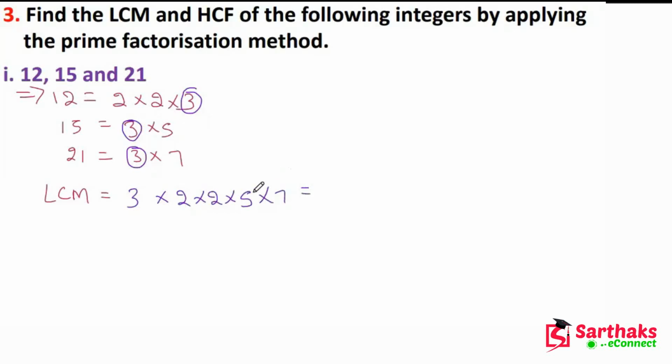And the result is 420. Now HCF. The HCF is just the common part, meaning 3. This is our result. Now let's move on.